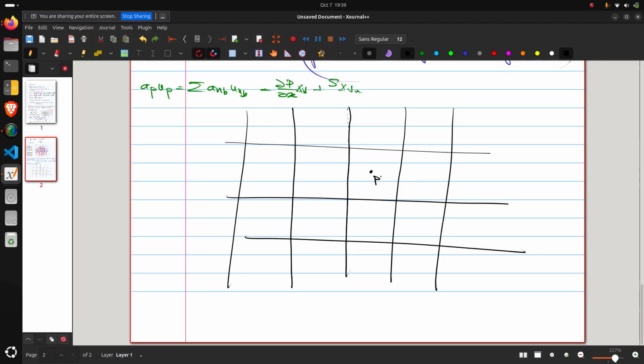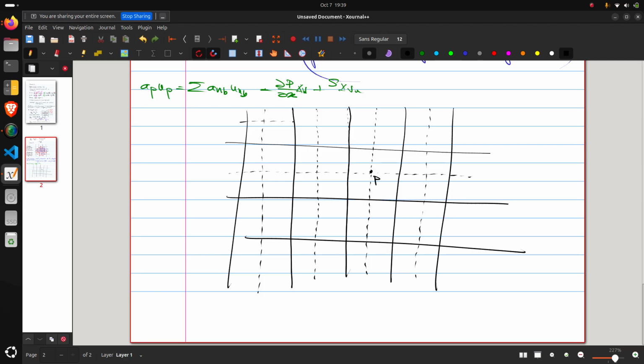So let this be point P, and let's draw the original grid lines also. The original grid lines are just staggered by delta x by 2 in the x direction. So what will be the convention that we will follow?